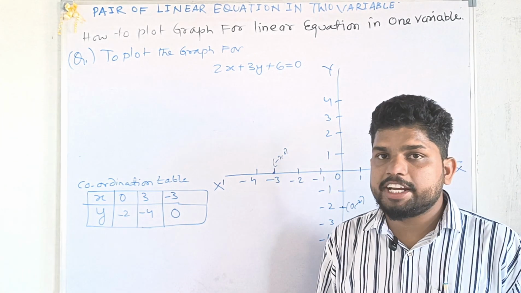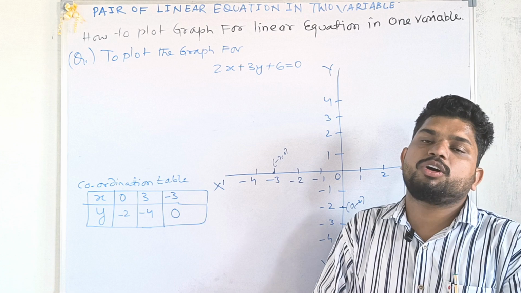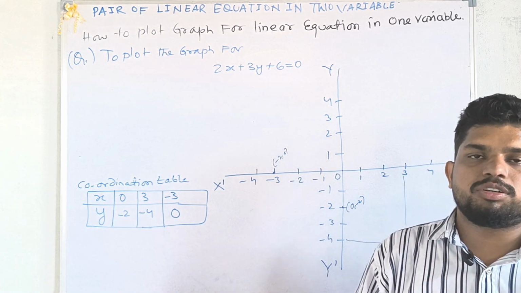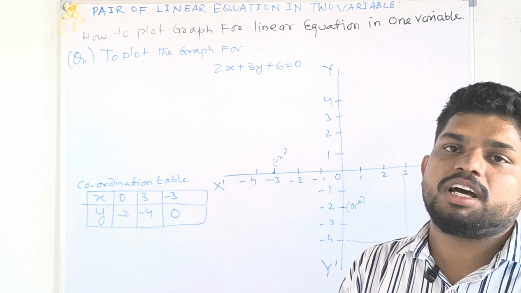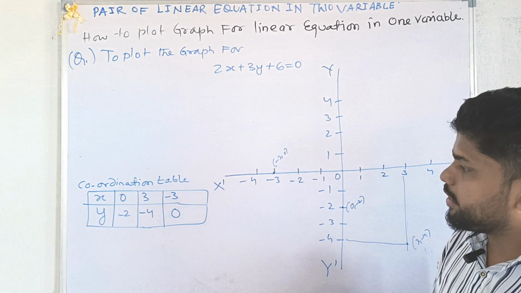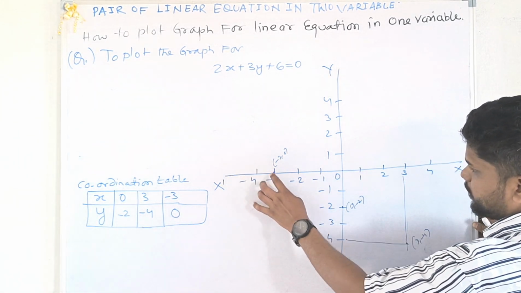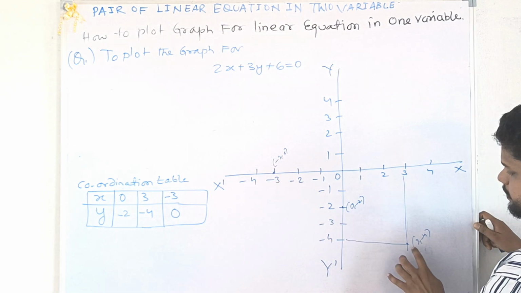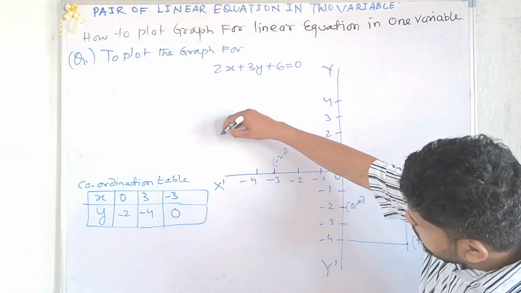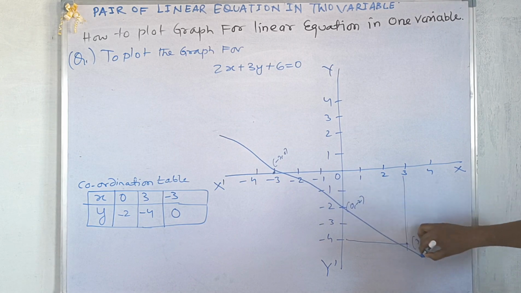Now students, we will try to make a straight line, since we all know that the graph for a linear equation is always straight. So what we will do, we will take a scale and try to join these 3 points. So by using a scale you can draw a straight line.